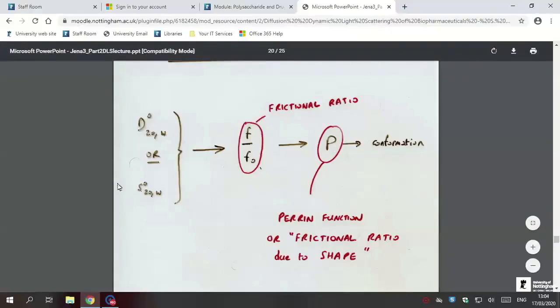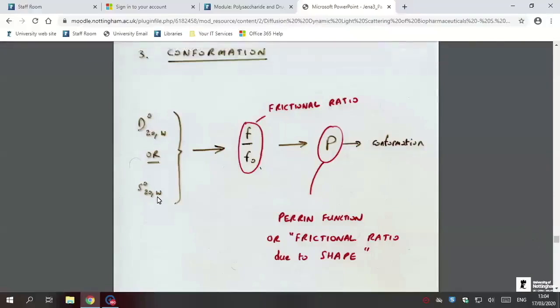And for that we need to, first of all, transform these values with the assistance of molecular weight and one or two other parameters to give this ratio called the frictional ratio, which is the ratio of the frictional coefficient of the macromolecule or macromolecular assembly to the friction coefficient of a spherical particle of the same mass and dry volume as your particle.